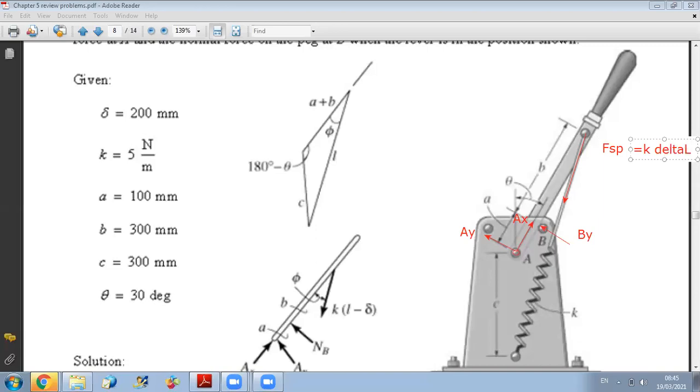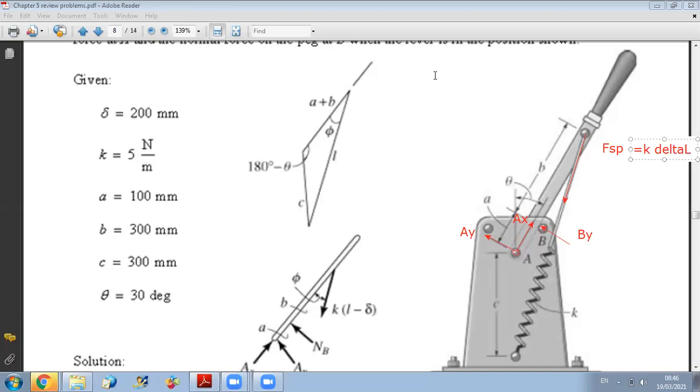Now to find delta L, they gave me the unstretched length. The unstretched length delta is equal to 200 millimeter. So what I should find now is the total length. If I calculate the total length of my spring at this position, I can determine delta L and then deduce the stretching of my spring.